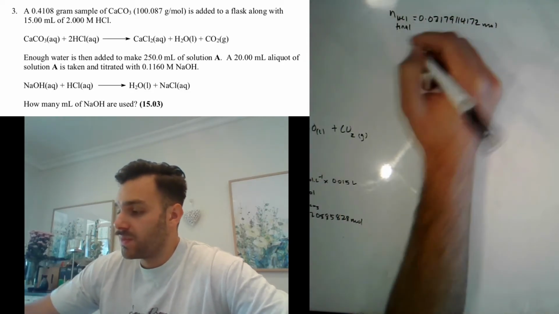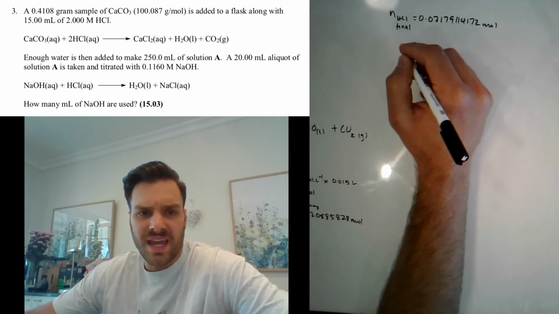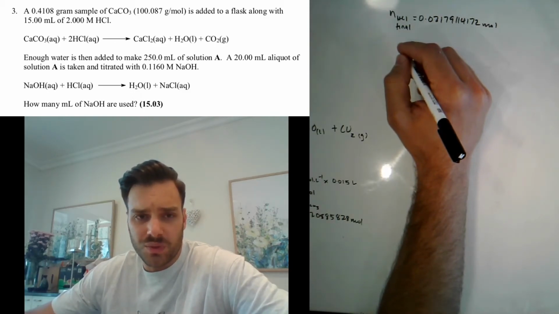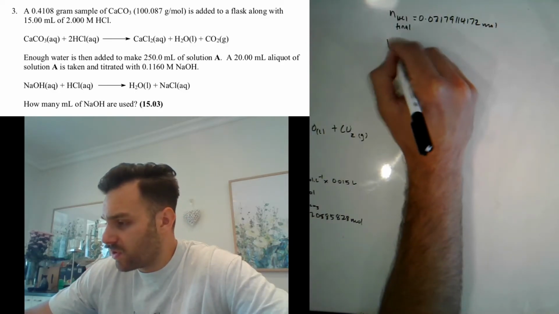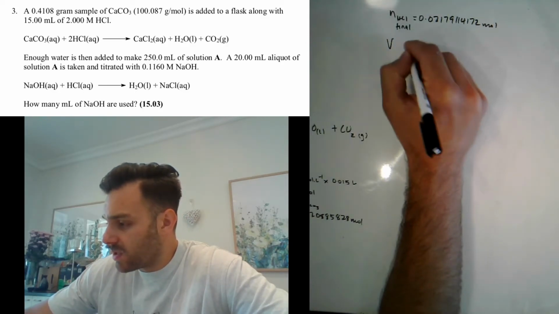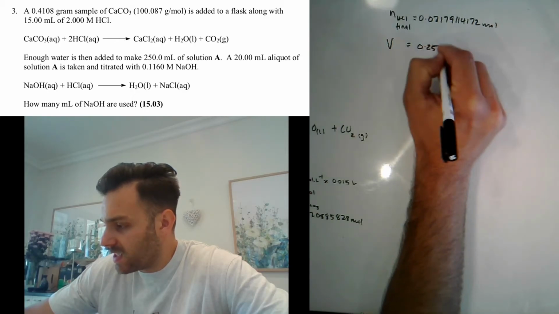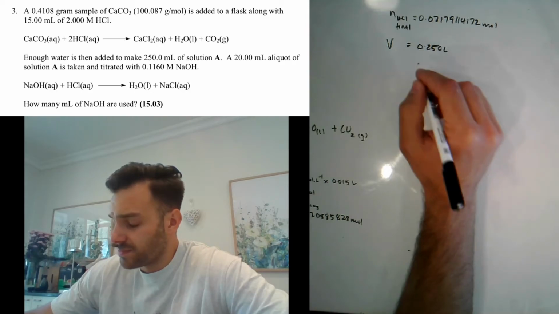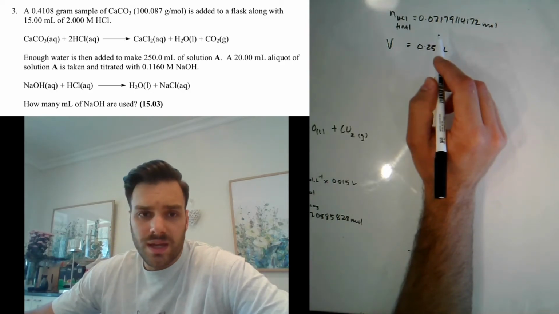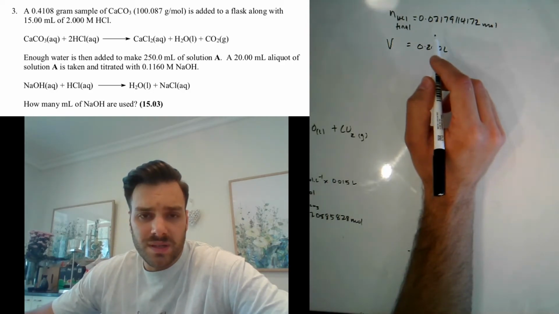Okay, so what happens then is they take this, and it's not a 15 ml solution anymore. They make it a 250 ml solution. So our volume is now equal to 0.250 liters. So now we can actually work out a concentration of both of these guys.